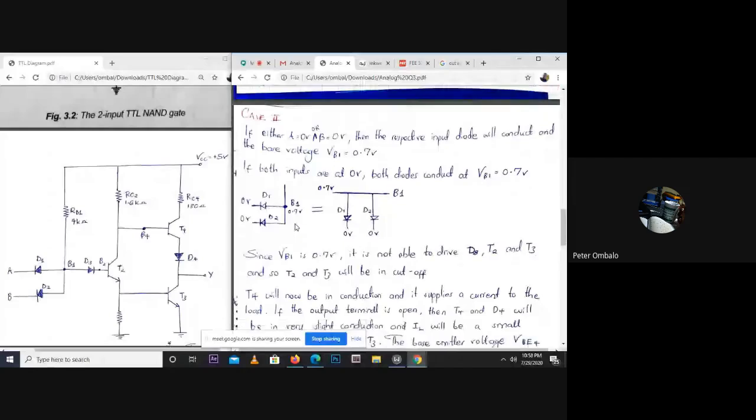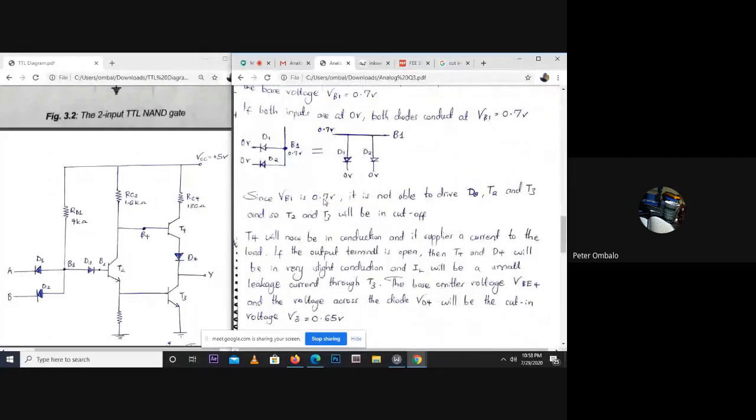So since VB1 is at 0.7, it's not able to drive the diode D3, T2, and T3. 0.7 is just enough to drive the diode alone. If it's going to be shared between all of these, it's not even going to get to a cut-in voltage for the transistors and the diode to operate. So all this path down here is going to be in cutoff.